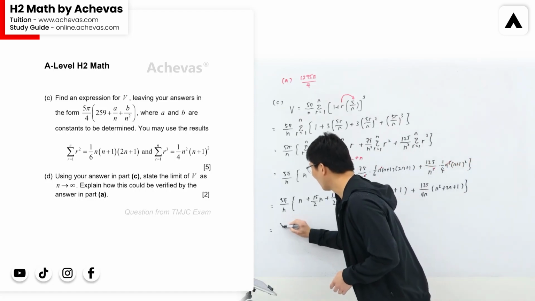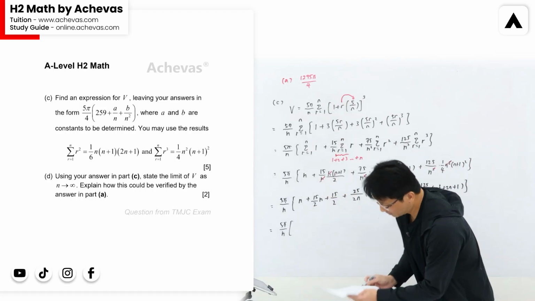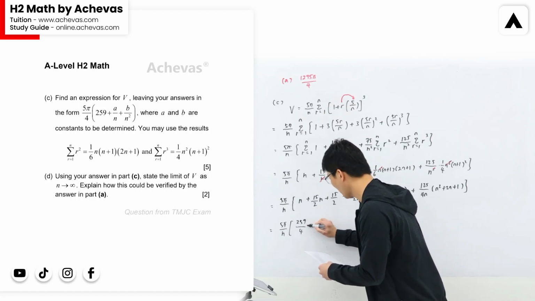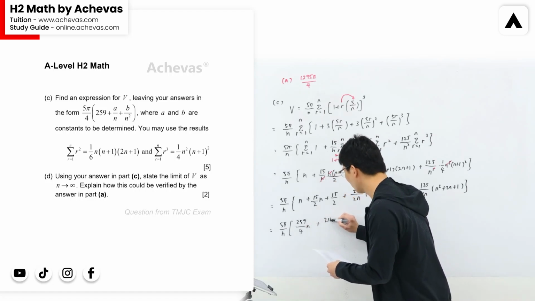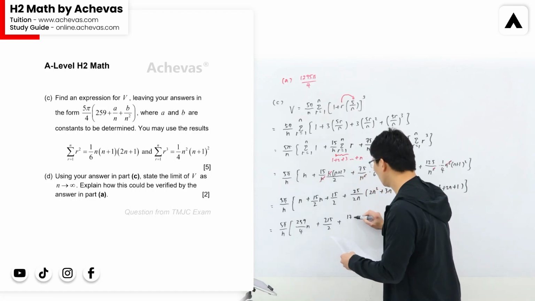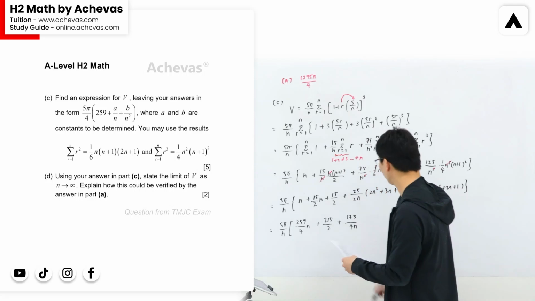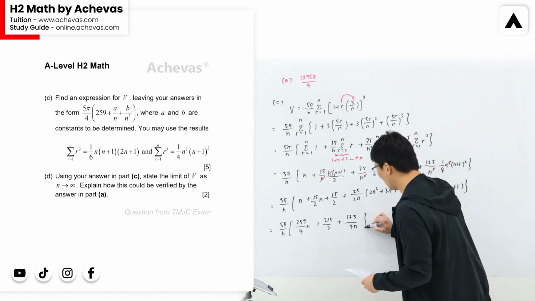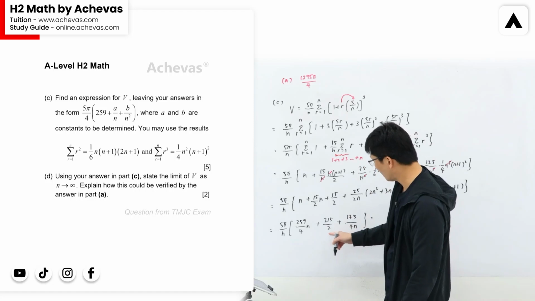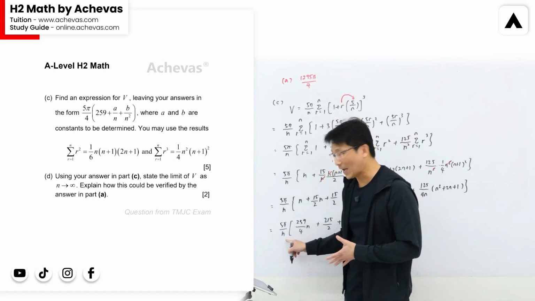We will end up with 5 pi over n. Let me just write down the result, which is 259 over 4n plus 215 over 2 plus 175 over 4n. All right, and to make it into that configuration, I'm going to factorize out the 4 at the denominator, and multiply the 1 over n inside.